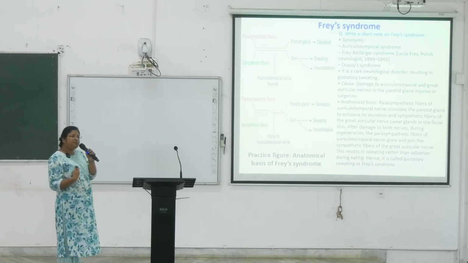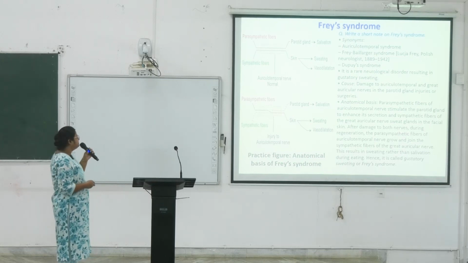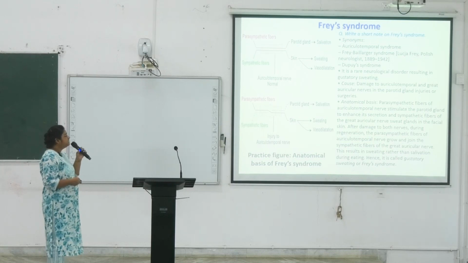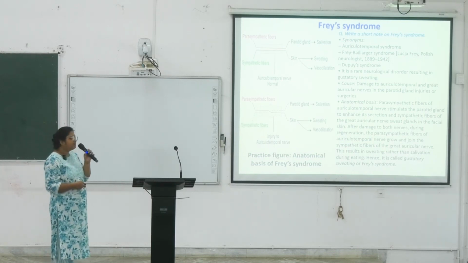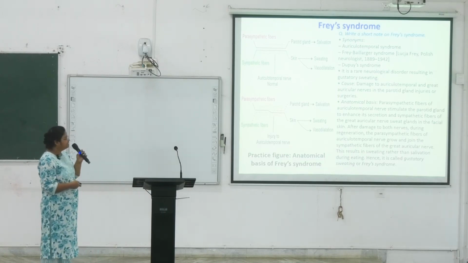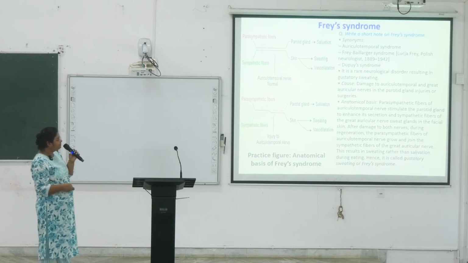After damage to both these nerves, when regeneration occurs, these parasympathetic fibers of the auriculotemporal nerve grow and join the sympathetic fibers of the great auricular nerve. This results in sweating rather than salivation during eating. Hence, it is called gustatory sweating or Frey syndrome.